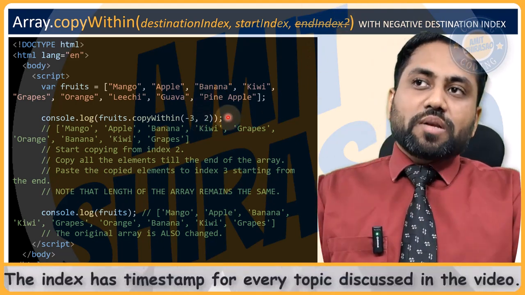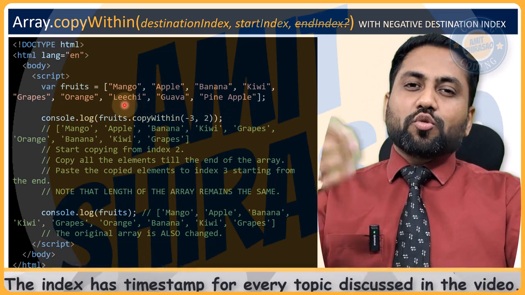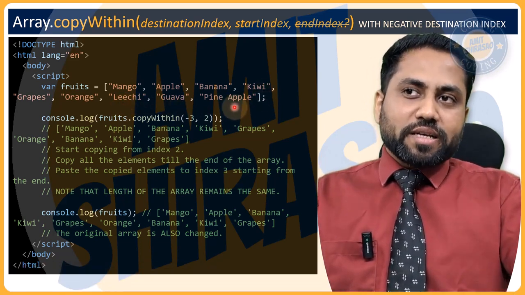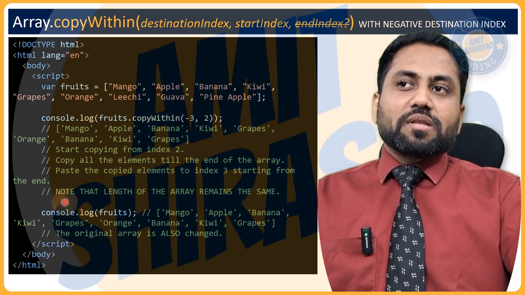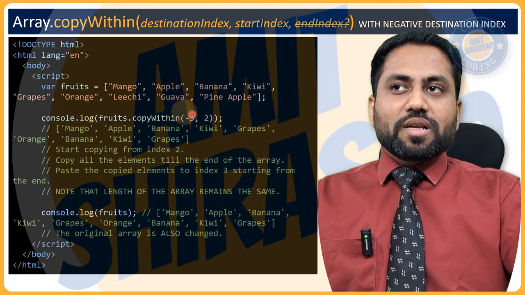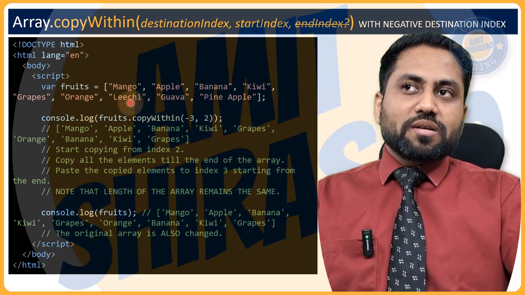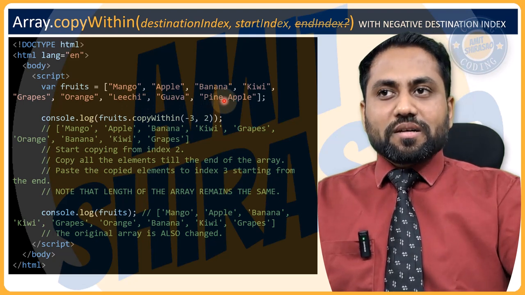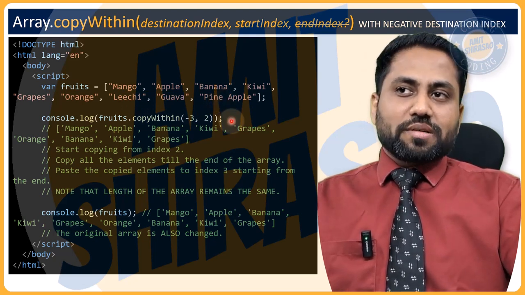But while pasting it, it has only 3 slots to override. It has lychee, guava, and pineapple to override. After that, the array ends. So always remember the length of the array remains the same. Okay, so it will paste banana here, kiwi here, and I think grapes here.